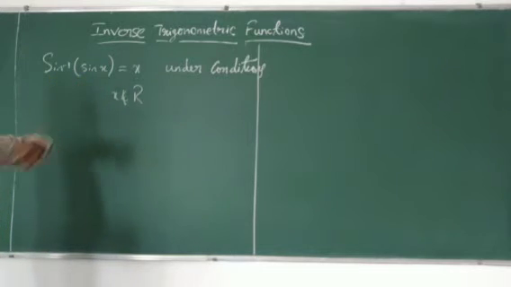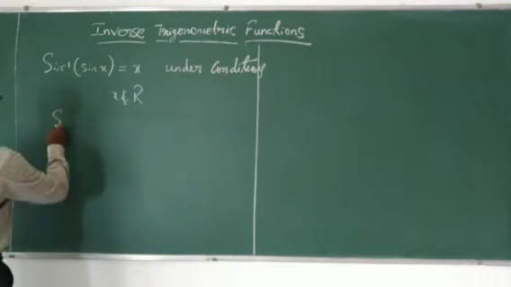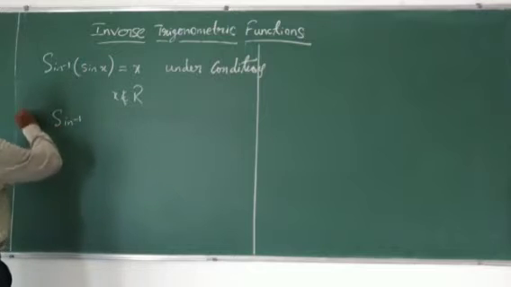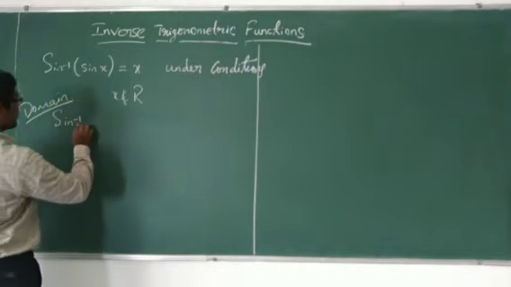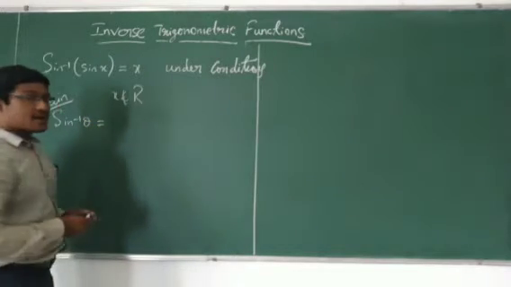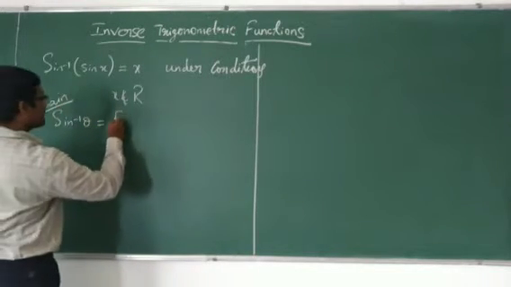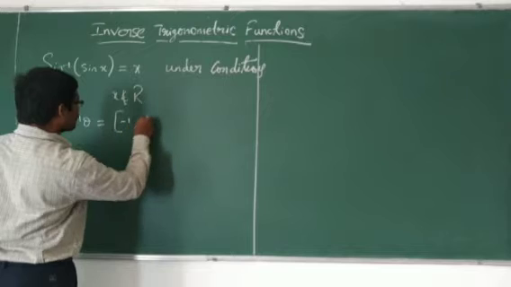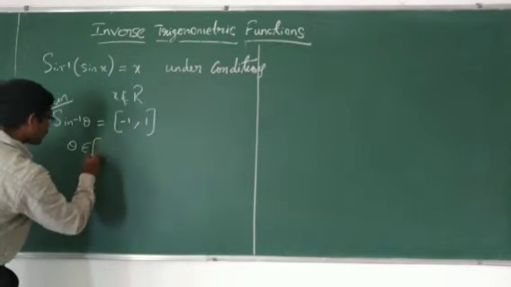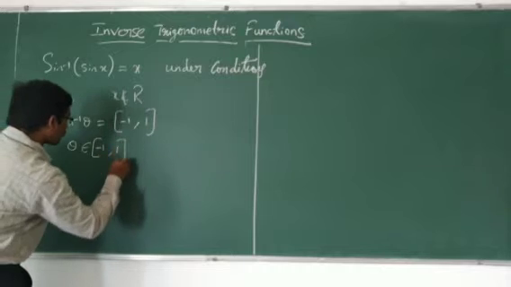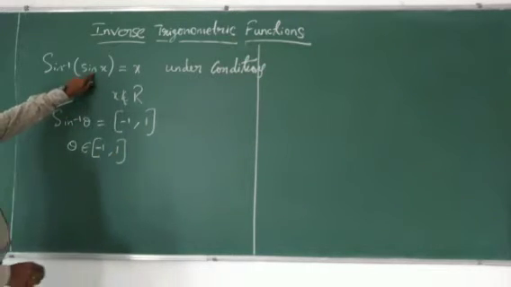What is the domain of sin inverse theta? Domain of sin inverse theta is minus 1 to 1. That means theta must belong to minus 1 to 1. Here theta is nothing but sin x.